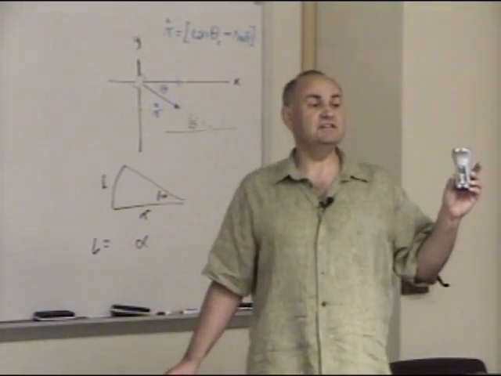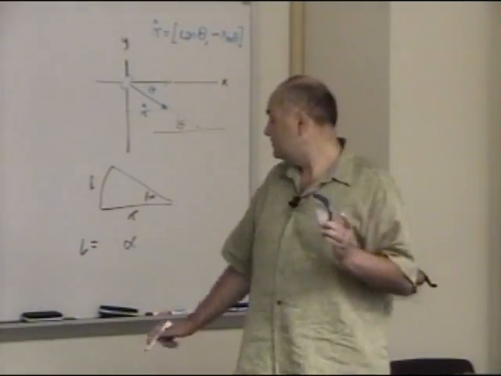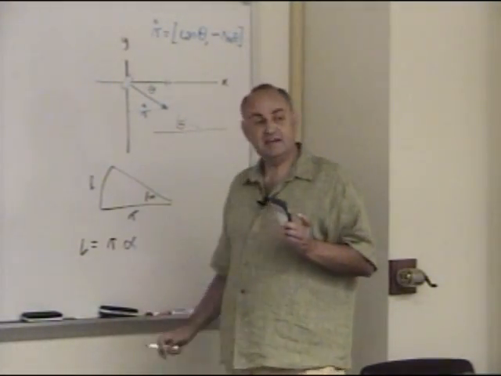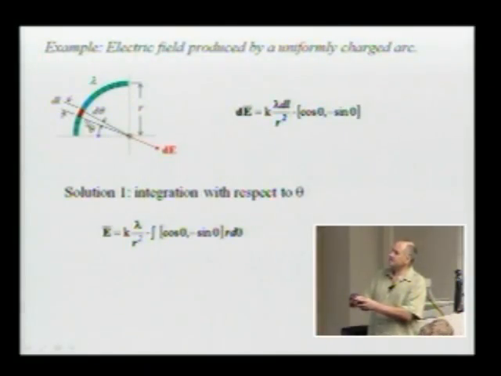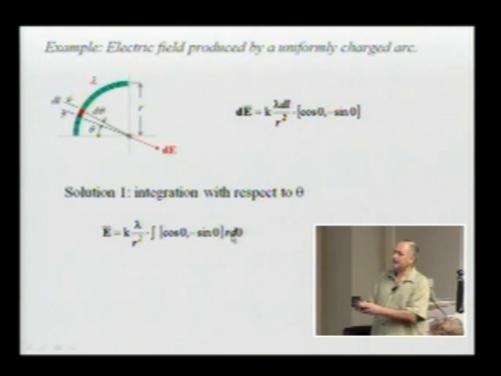Yes, Christy, say it louder. The radius multiplied by that angle, correct. So that length over here is going to be the radius of the circle multiplied by the angle on which that segment is spanned.